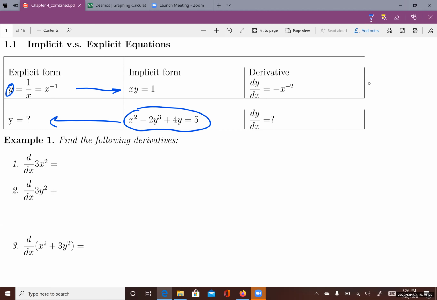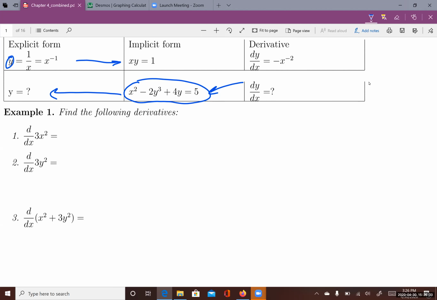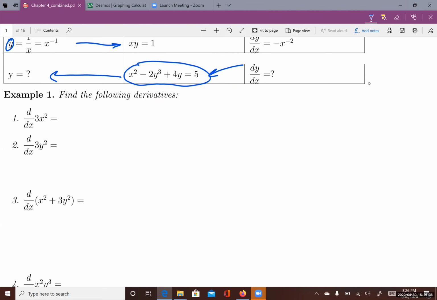So then how can we find dy dx for this equation? Well, let's look at some examples. For the first example, I want to find d over dx of 3x squared, right? It's just like if y equals 3x squared, then what is dy over dx?